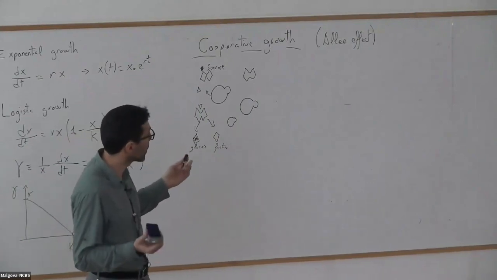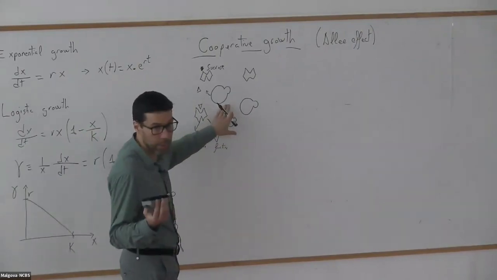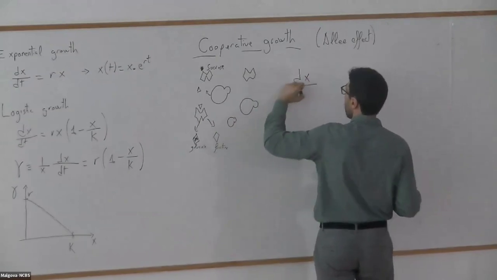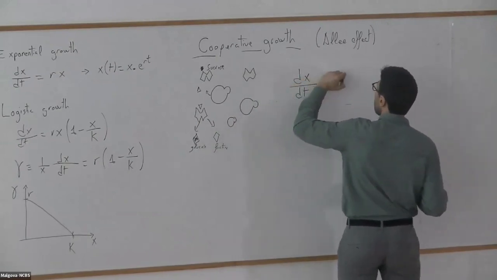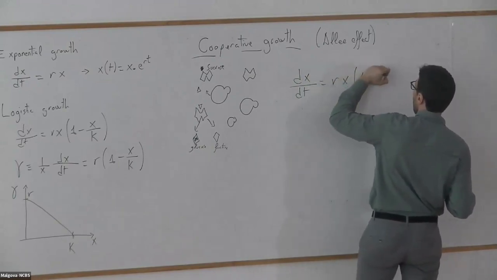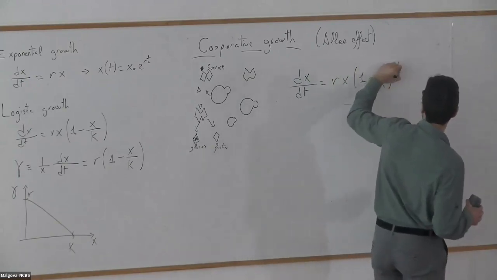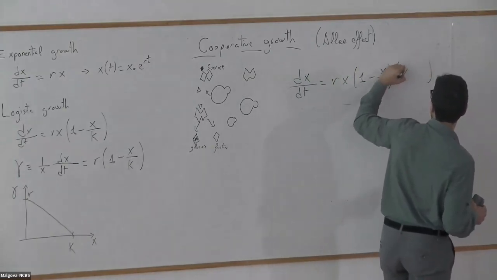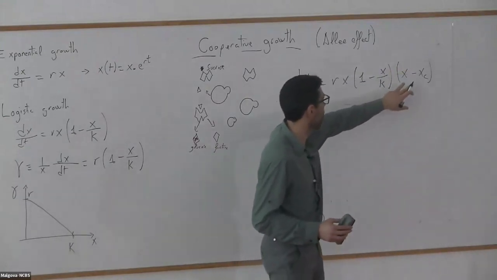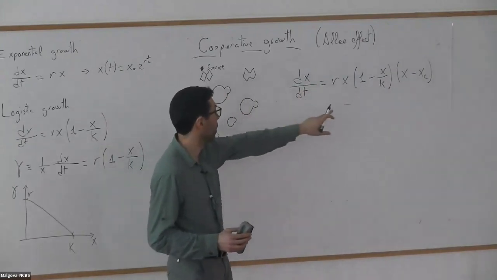And the most simple model we can have for just the population of cells, perhaps, is to consider the logistic growth that we had before, and add one term that now captures a quadratic form of the growth.